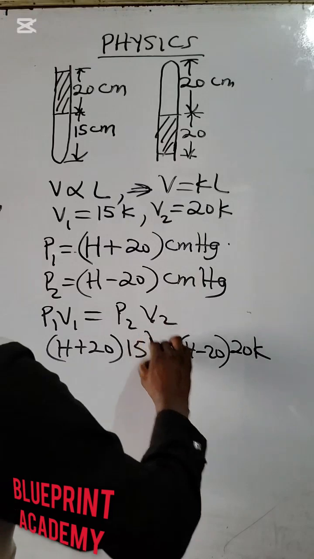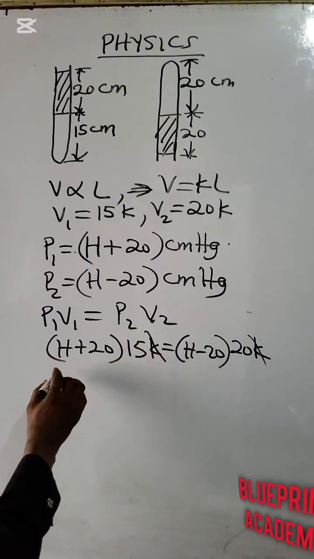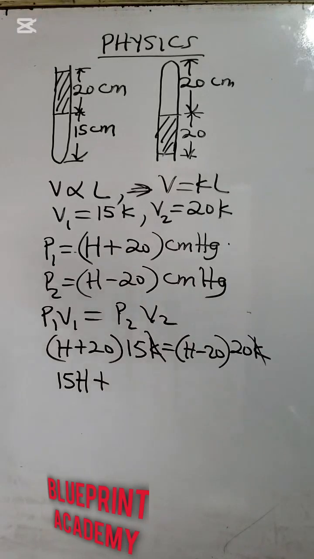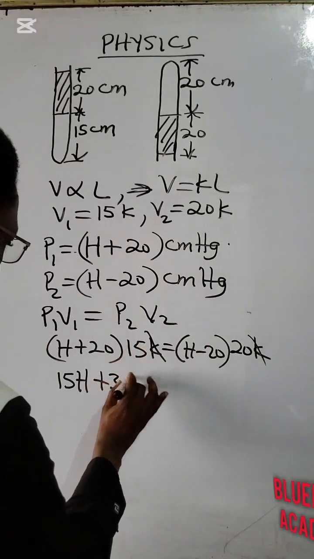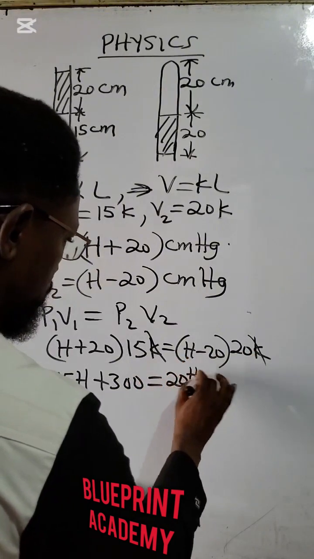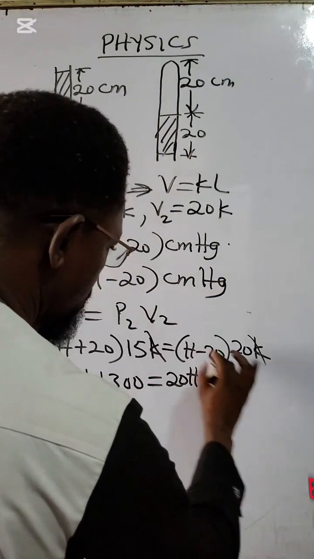So now this K can cancel this K. If we open up the bracket, we have 15H plus, we multiply 20 by 15, that will give us 300, equal to 20H. We multiply 20 by 20, that will give us 400.